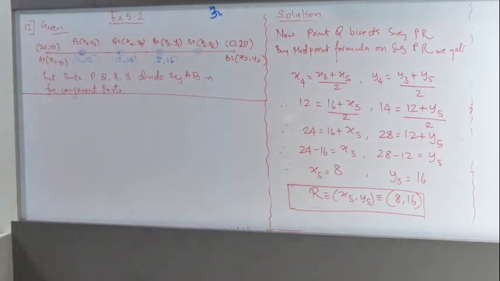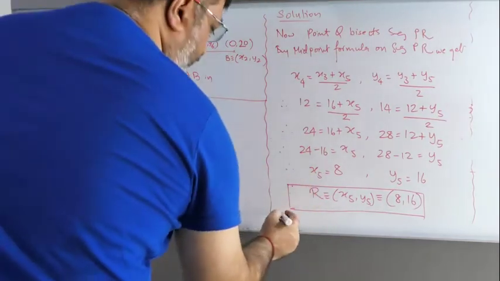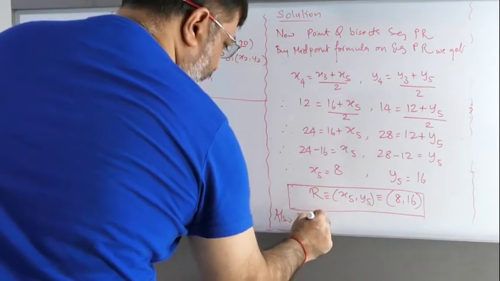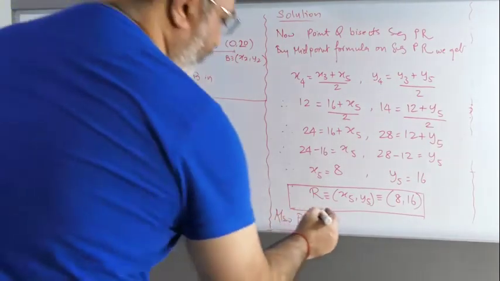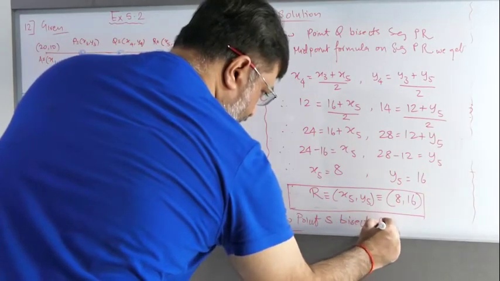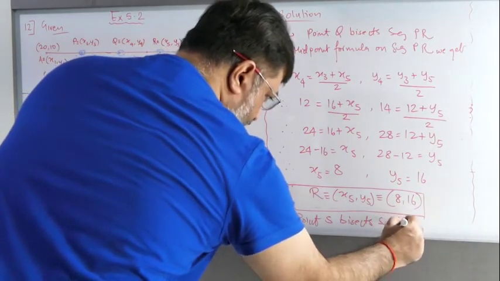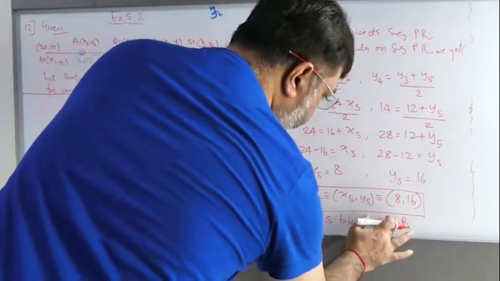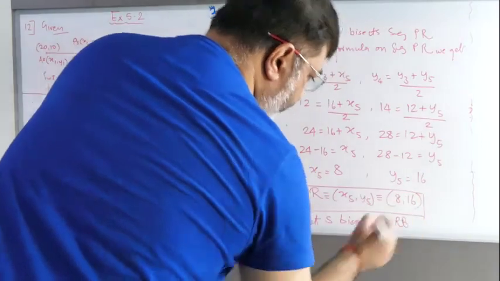Okay, so now you have got R, and after that you will say also point S bisects segment RB.